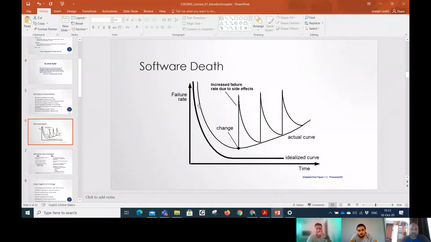Okay. This graph, to me, is an important understanding of what we would like to have, but then what actually ends up happening. This darker line here represents what's called the idealized curve. The idea is that at the very start of a software development project, we should have lots of failures, right?